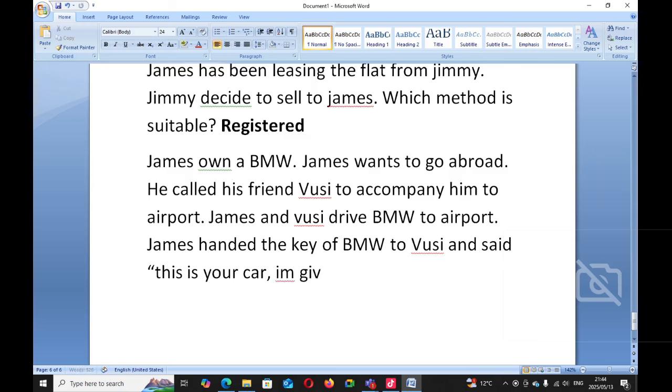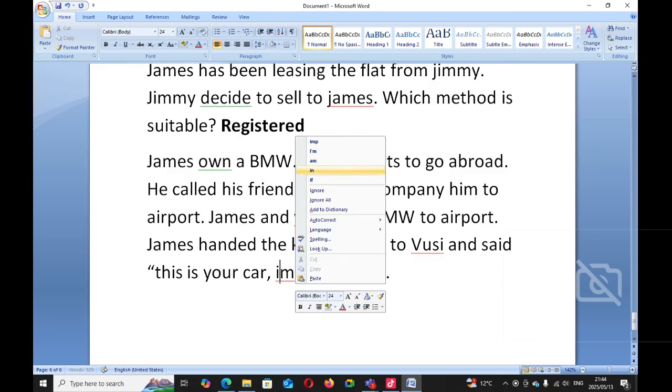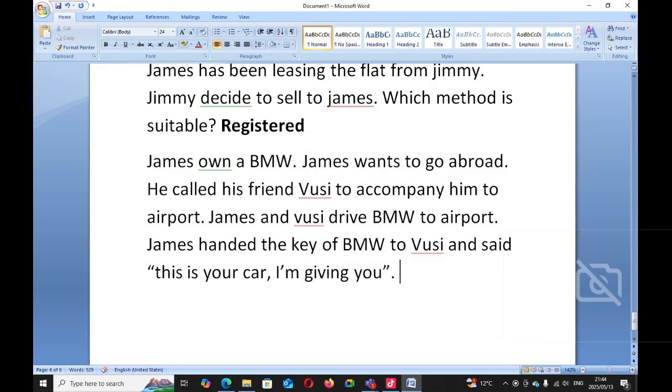I'm giving it to you." Who is the owner of the car?